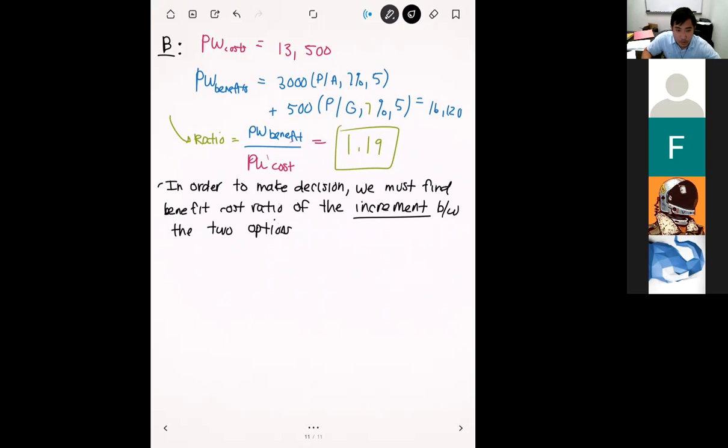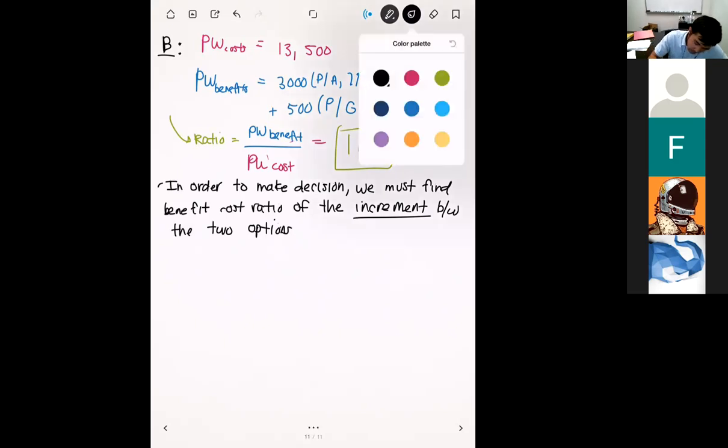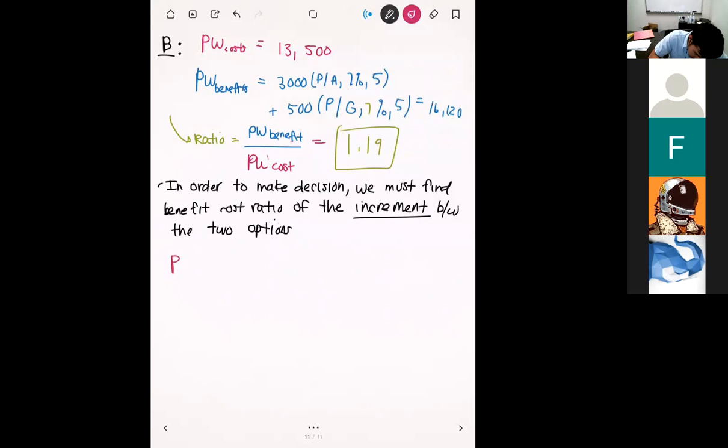Now we're going to compute two new present worths: the present worth of the incremental costs and the present worth of the incremental benefits. The incremental cost is the difference between all the costs associated with the higher cost option and all the costs associated with the lower cost option.